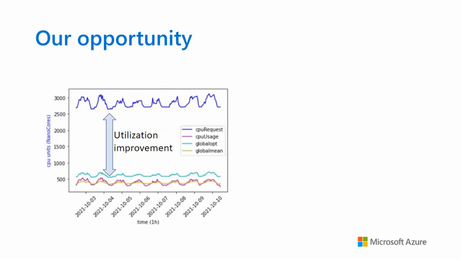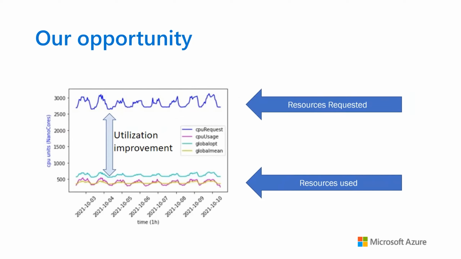So this is a graph of one of our clusters, but it's one of many. 99% of them look like this. The lower line is the aggregated consumed amount of cores. So this specific cluster consumed about 500 cores.